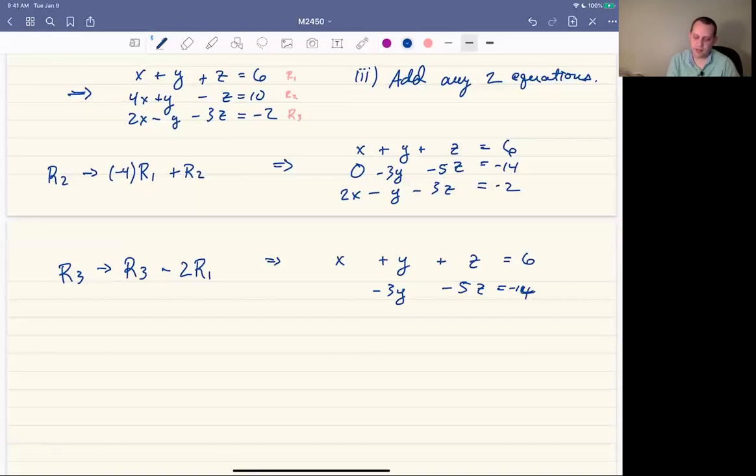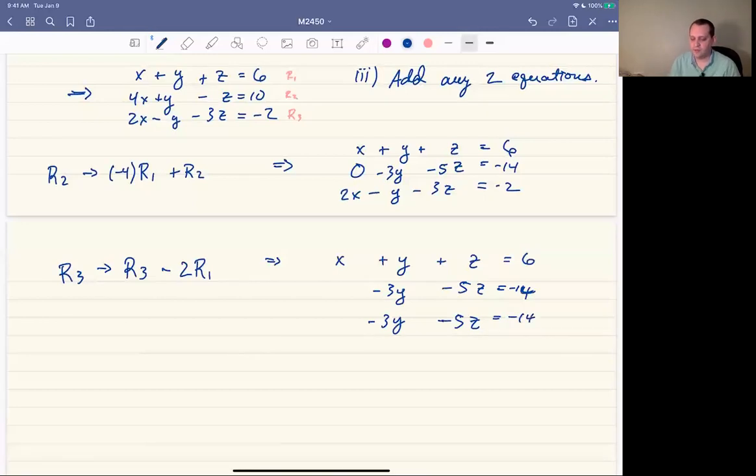For the bottom equation, we take -2 row 1 and add it to row 3. So we get 0x, then -2y minus y is -3y, -2z minus 3z is -5z, and 2 times 6 is negative 12, minus negative 2 is negative 14.